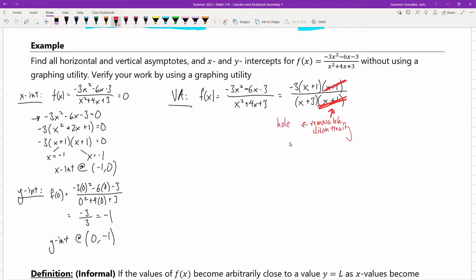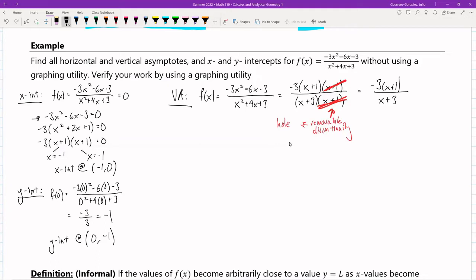A removable discontinuity is the same thing as a hole. There were just two different words for it, right? What got left behind was -3 times (x plus 1) over (x plus 3).